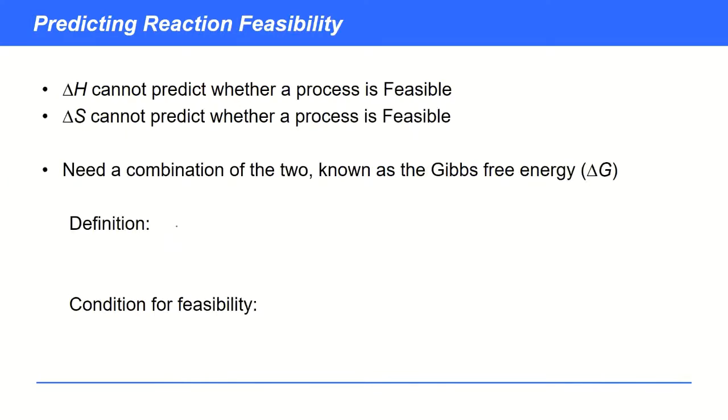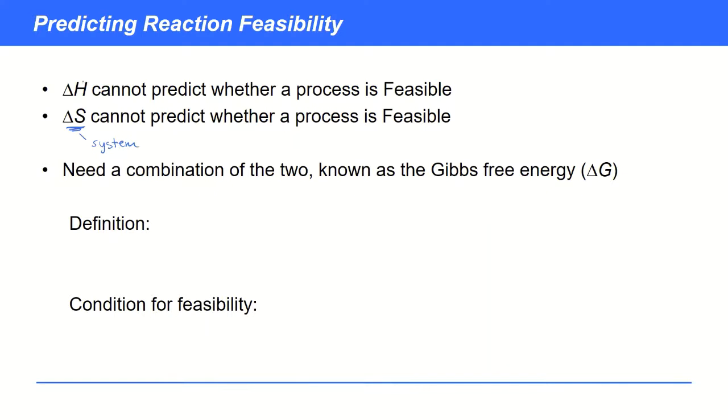Well, it turns out that we need a combination of entropy and enthalpy changes, because the second law of thermodynamics states that it has to be the entropy of the universe that increases. And at the moment, this delta S here is simply telling us the entropy change of the system. So what we need is a combination of these two which takes account of the entropy change of the surroundings.